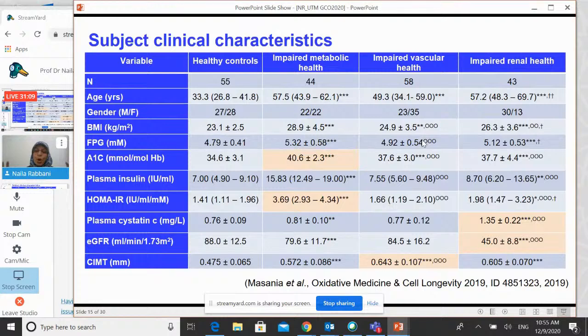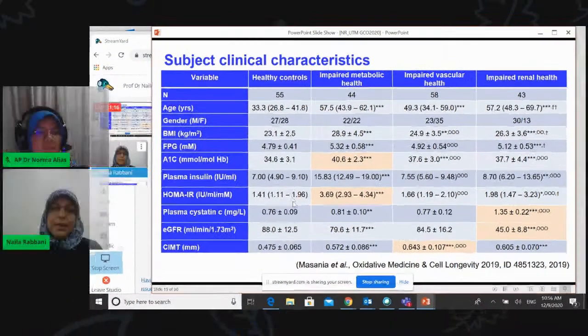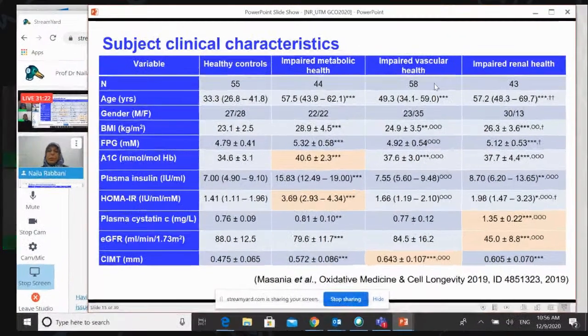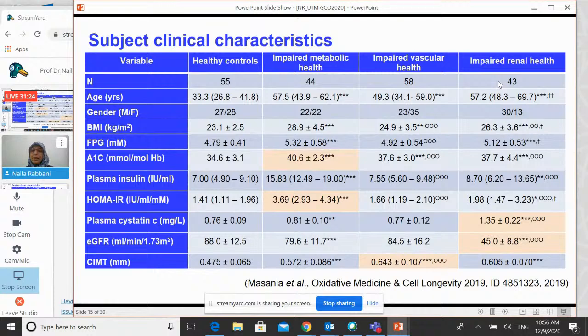And this is the subject clinical characteristics, as you can see. This is the healthy people, 55 of them recruited, 44 impaired metabolic health, 58 impaired vascular health, and 43 impaired renal health. And you can see everything is normal apart from HbA1c, which was significantly different, and the HOMA-IR was different from the healthy control.